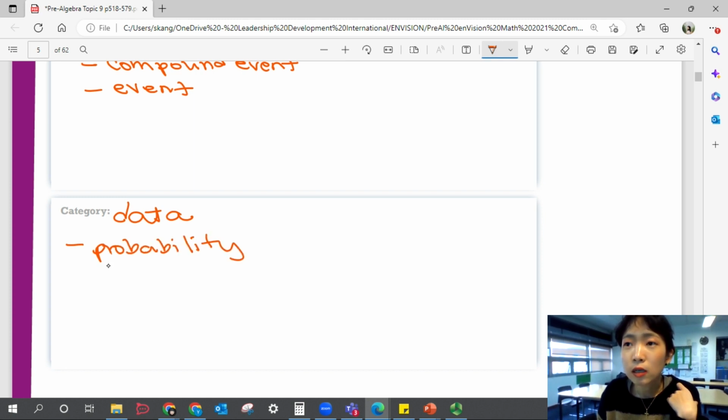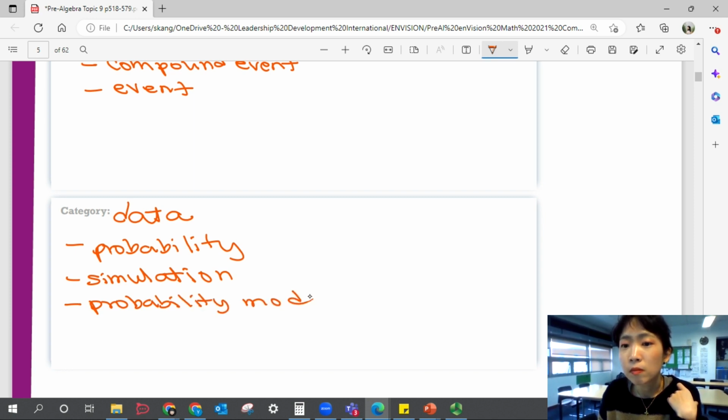Probability, simulation, and then probability model, and then no, not experimental probability. We have relative frequency as data.